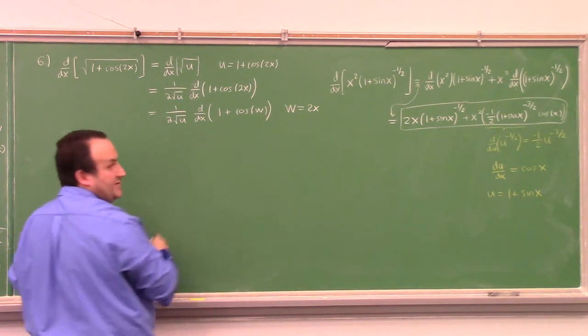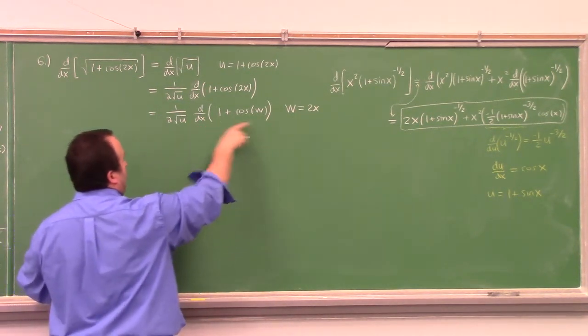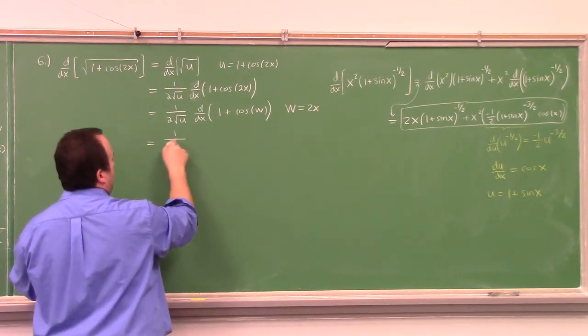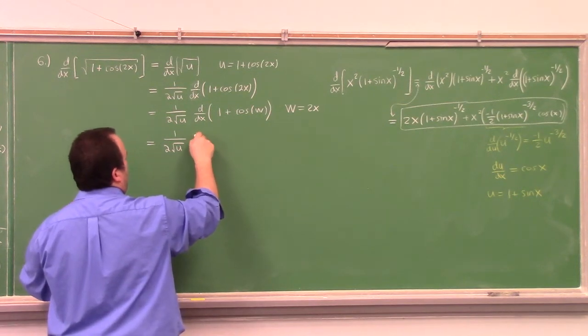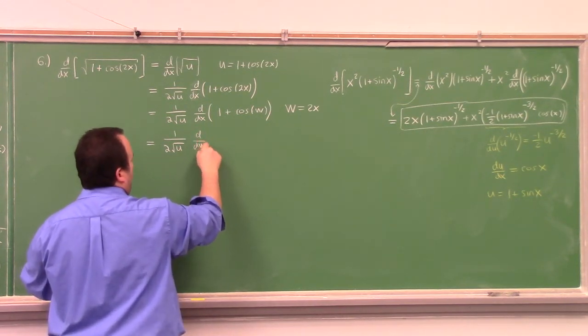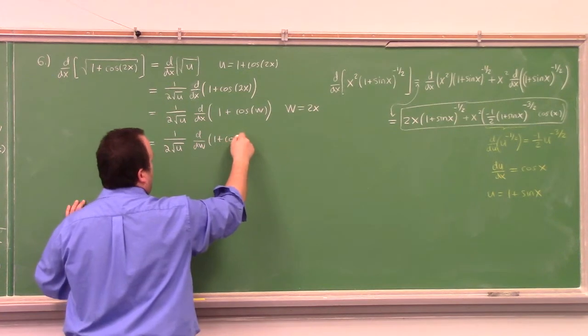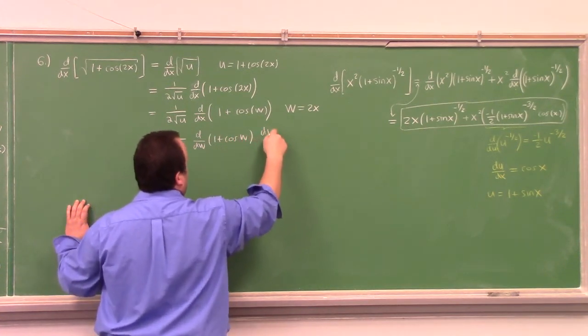So that requires a chain rule. And the chain rule here, we got d dw of 1 plus cosine w times dw dx.